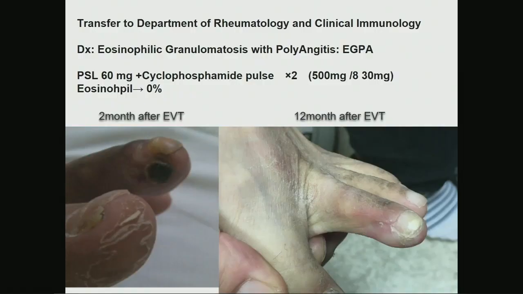After this procedure, he was transferred to the department of clinical immunology and diagnosed with EGPA, eosinophilic granulomatosis with polyangiitis. In addition to prednisone, immunosuppression therapy with cyclophosphamide was given, and after the EVT, the ischemia did not recur, and the wound healed.